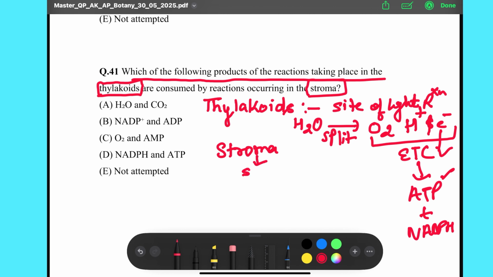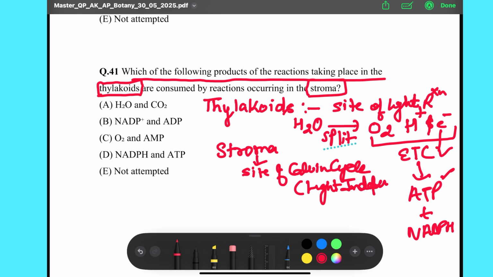We can say the site of the Calvin cycle, that is the light independent reaction.